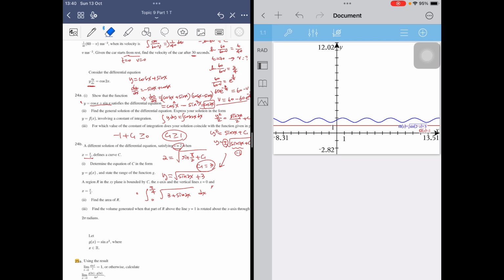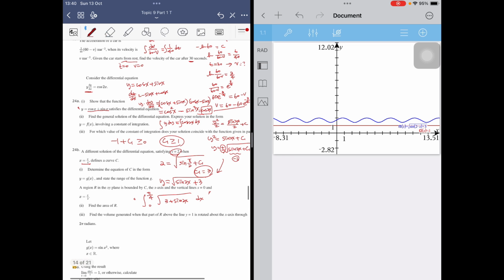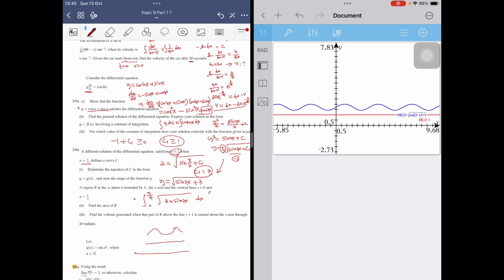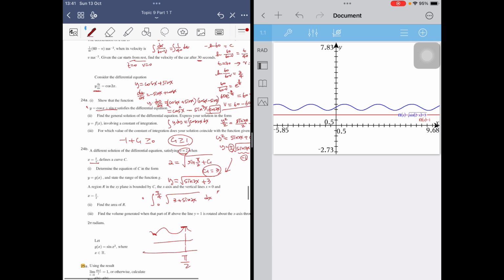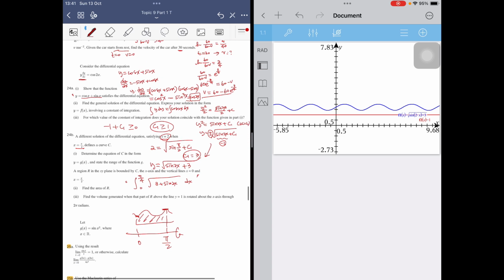So anyway, this looks like this. When x is pi over 2, and when it is 0, it is square root of 3. So anyway, maybe this part. Only this one will be going around the x-axis.